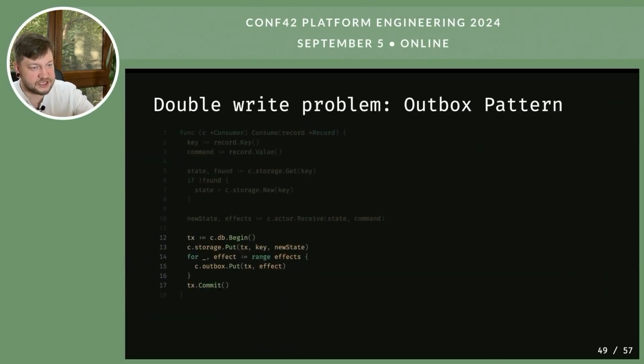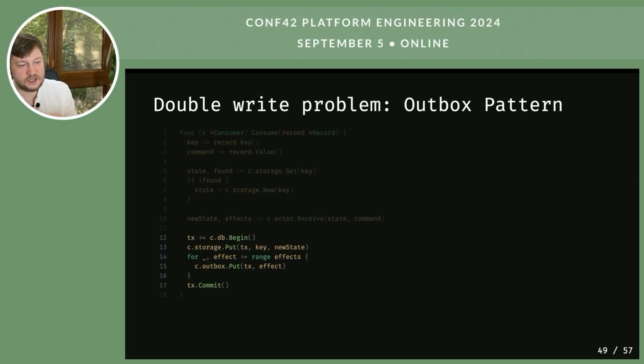So let's adjust our code a bit. It's called the outbox pattern. Actually, it's quite popular, so I believe many of you know about it. So we have a new transaction, and our storage should take the transaction as an argument as well. Everything we need is to produce not only new state but effects as well. An effect is something that should be executed later, for example, sending to Kafka.